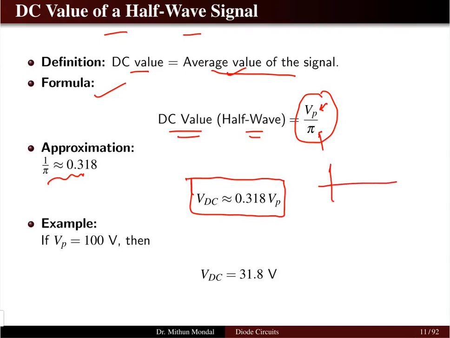If the maximum input voltage is 100 volt, the output you will get is 31.8 volt as the average value.